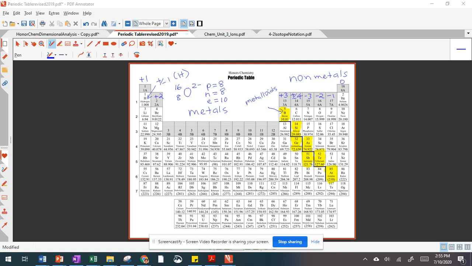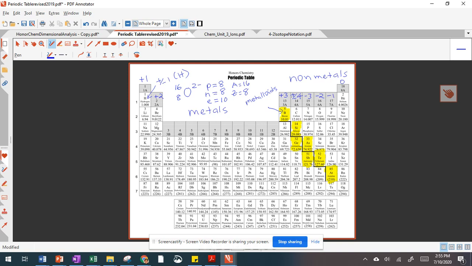The mass number A is 16, and our atomic number Z is 8. Always, when you have an anion, you add the absolute value of the charge. When you have a cation, you subtract the absolute value of the charge.